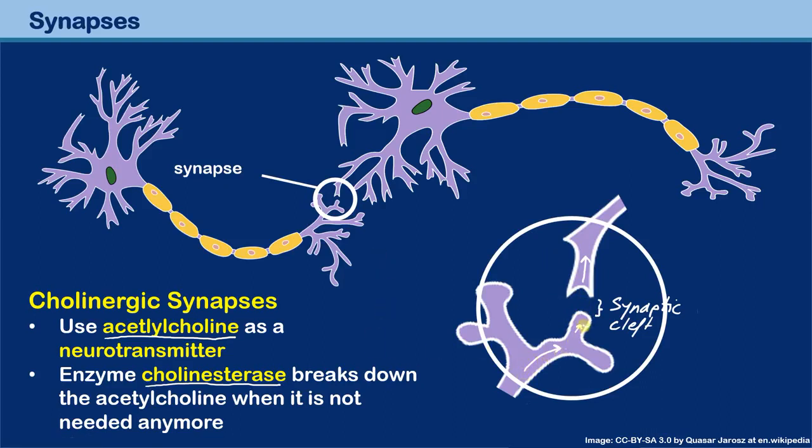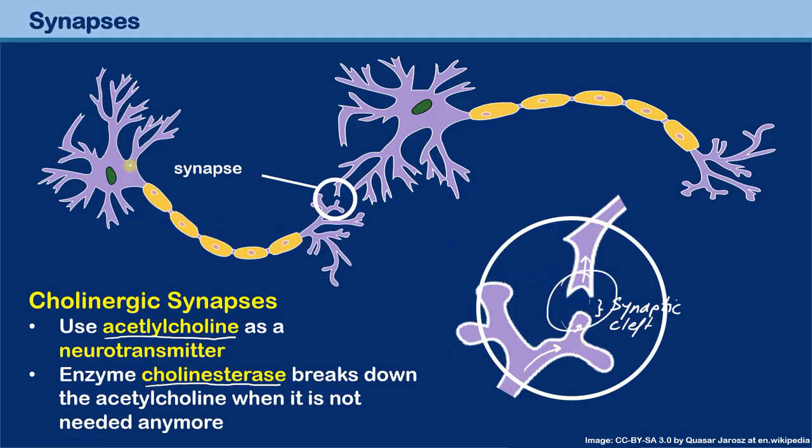And when the next nerve signal arrives, again new neurotransmitter is released, a new nerve signal is generated, and then cholinesterase removes the neurotransmitter again. That is basically the idea of how nerve signals are passed on across a synapse.